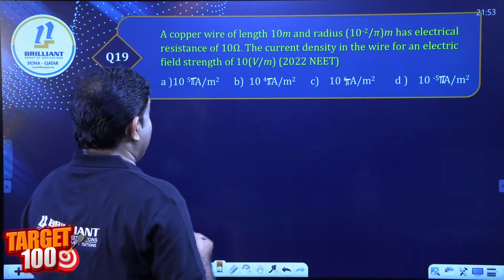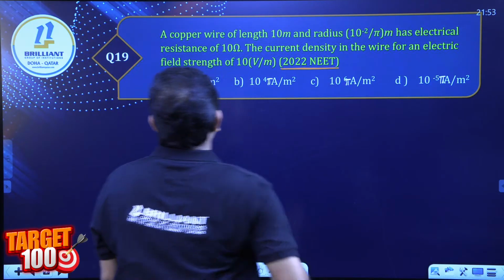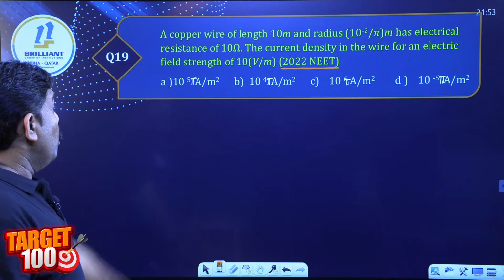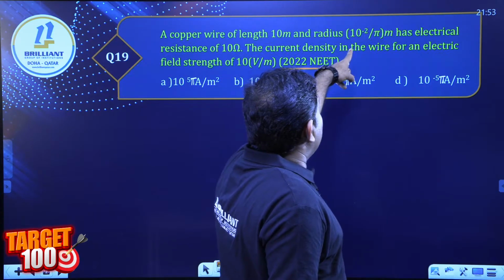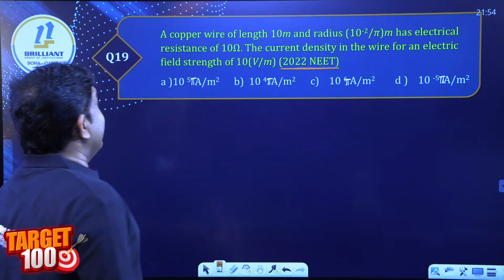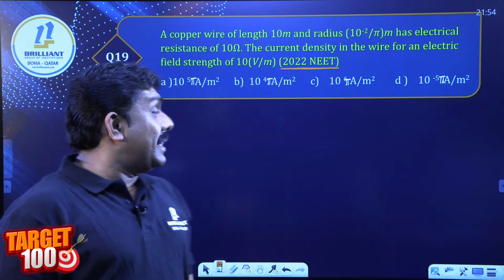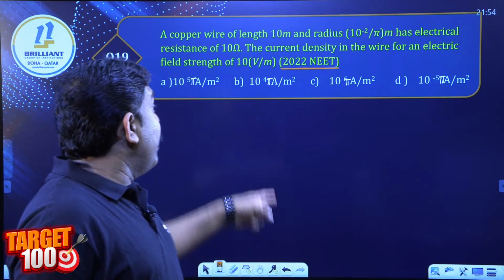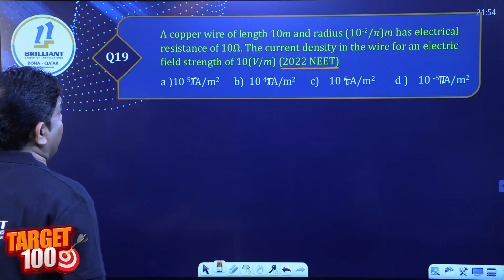Look, question 19, 2022 NEET. Please see. A copper wire of length 10 meter and radius 10 raised to minus 2 by pi meter has electrical resistance of 10 ohm. The current density in the wire for an electric field strength of 10 volt per meter is.